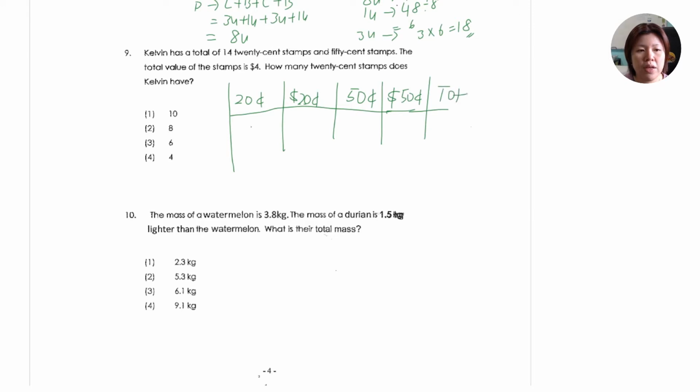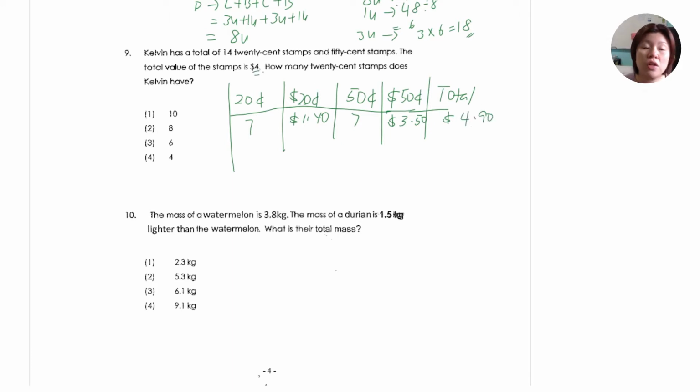This is the total value. So since it's 14, let's make it 7. So 20-cent is 7, total value is $1.40. 7 of 50-cent is $3.50. So total, plus them together, you will get $4.90.